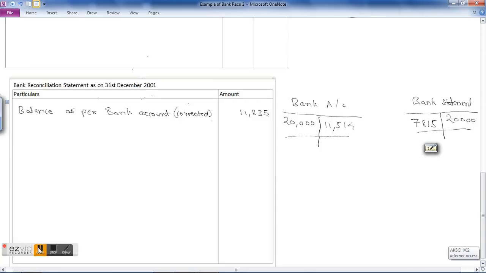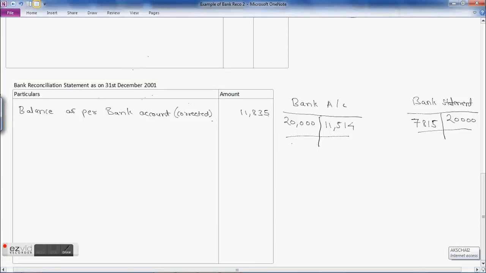So we'll calculate the balance now. This comes to 8,486. Now balance as per bank statement, 20,000 minus 7,815, that comes to 12,185. So since we are going from bank account to bank statement, we have to add the difference, that is 12,185 minus 8,486, which comes to 3,699.